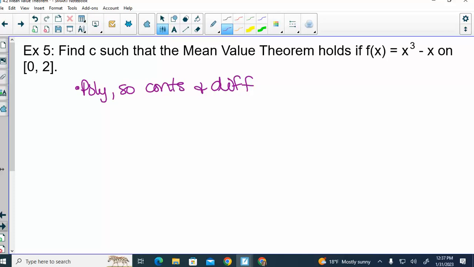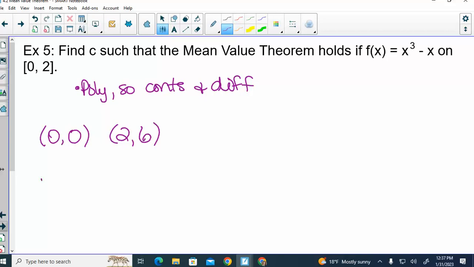Now, the mean value theorem says somewhere the derivative equals the slope between those two endpoints. So we need 2 points. When my x is 0, if you plug 0 into your function, what do you get out? When our x is 2, if we plug in 2, what do we get out? 6. 2 to the third is 8, minus 2 is 6.